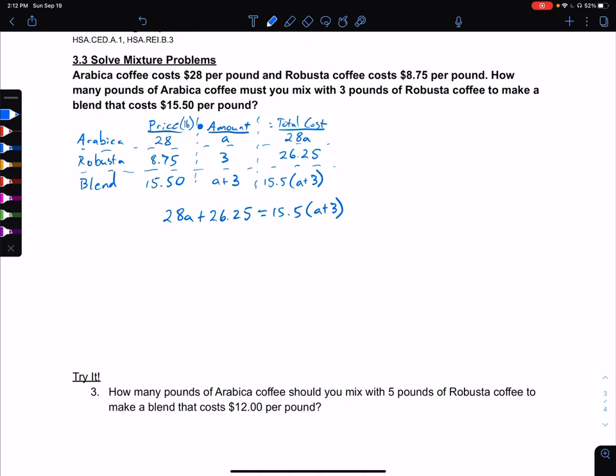So the first thing we'll do, let's distribute. So 28A plus 26.25 would be equal to 15.5A plus 15.5 times 3 would be 46.5. And now I can start moving terms around, right? I can move things from the left to the right side. So let's subtract 15.5A. We combine our terms with variables, and I would get 12.5A.